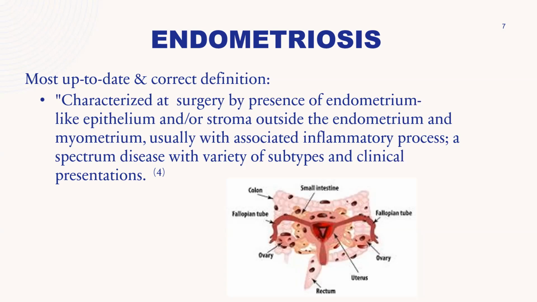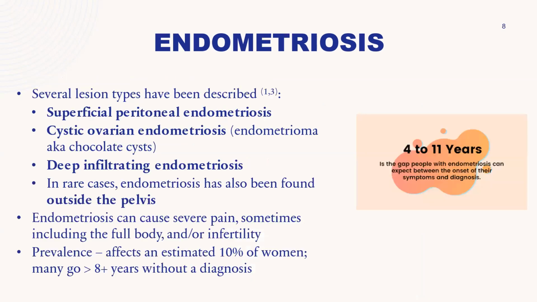There are several types of lesions that have been described. So there's superficial peritoneal endometriosis, which can be found mainly on the pelvic peritoneum, with the anatomy, which we'll go over.